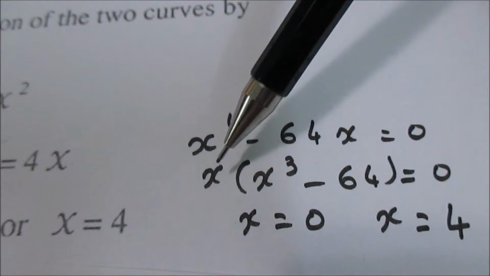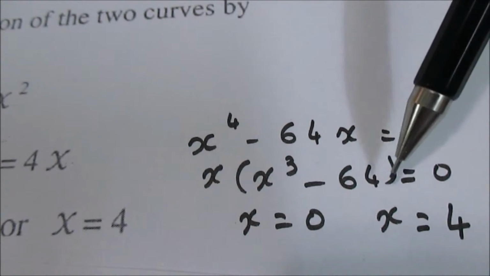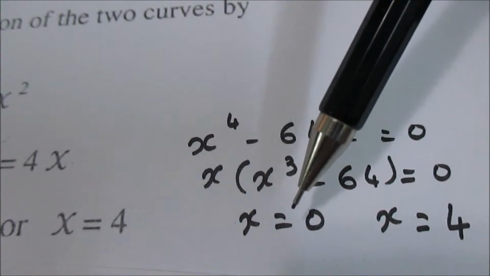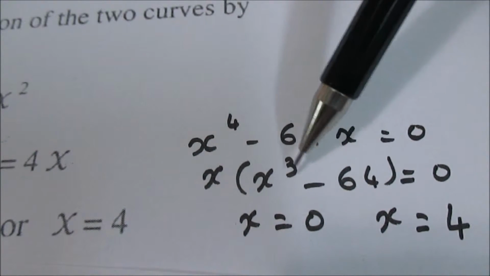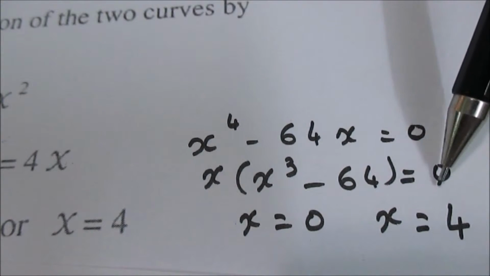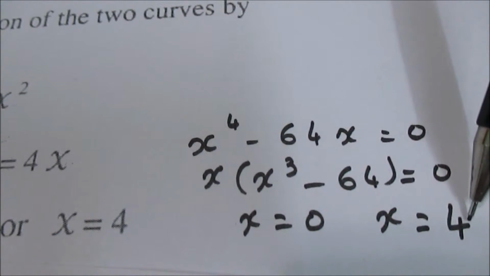Take common factor x, so x times x cube minus 64 equal 0. I have two solutions, x equal 0 and x power 3 minus 64 equal 0, whose solution is x equal 4.